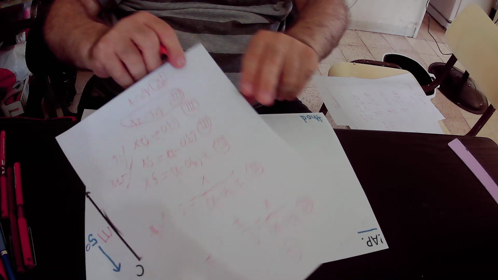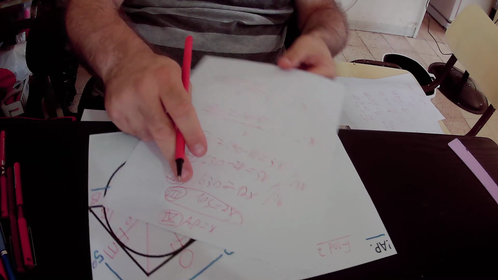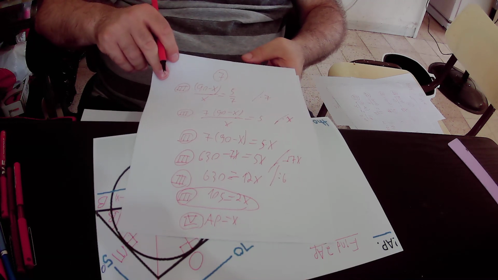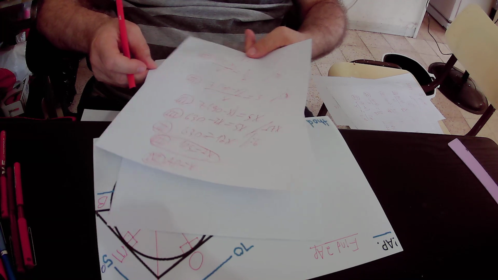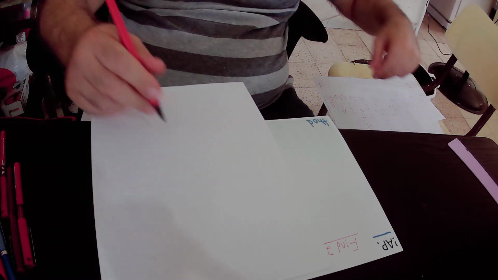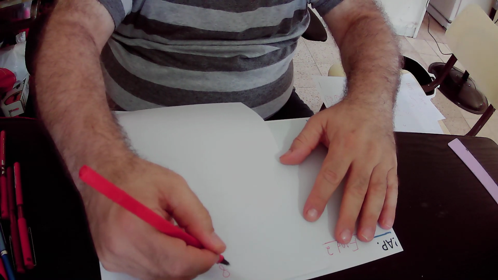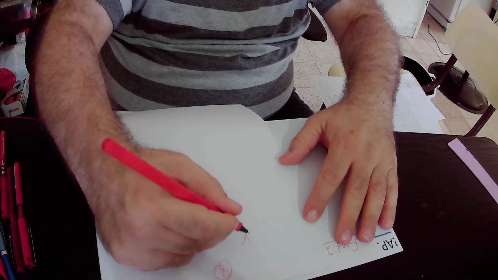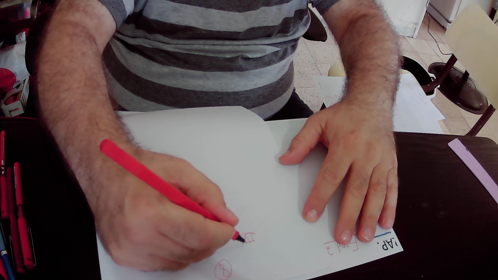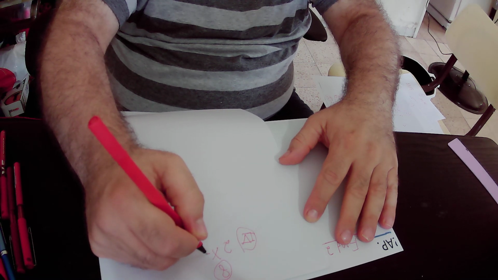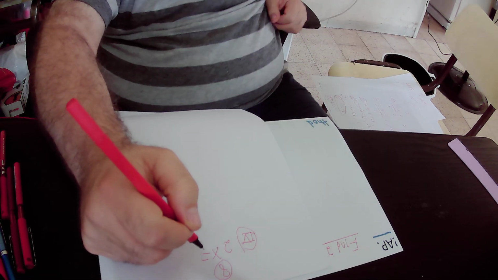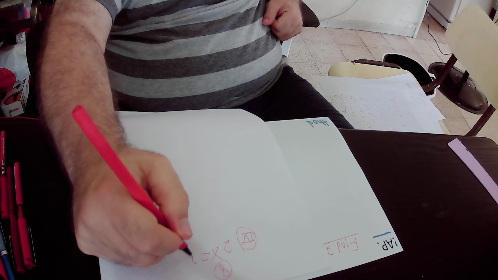Okay, according to our definition, AP equals x. So if AP equals x, then 2 times x will be equal to 2 times AP.